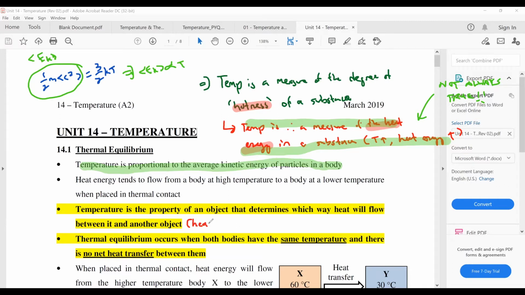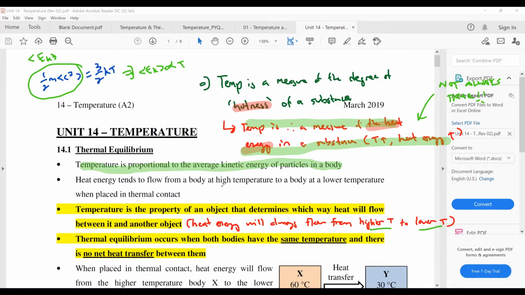Heat energy will always flow from higher temperature to lower temperature. Temperature is the property that determines which way heat energy will flow between it and another object. You just need to know that heat energy will always flow from higher temperature to lower temperature.